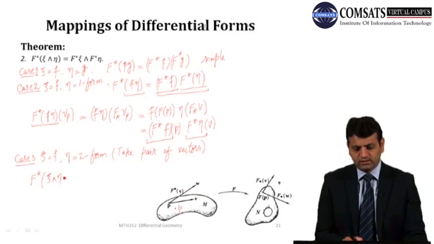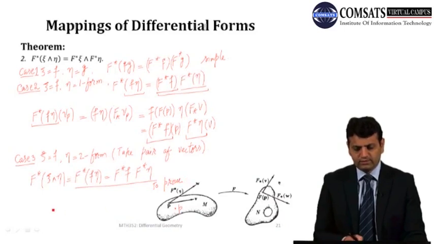So basically once again this is equal to f upper star f eta. So we have to prove that this is equal to f upper star f multiplied by f upper star eta. So this is to prove.